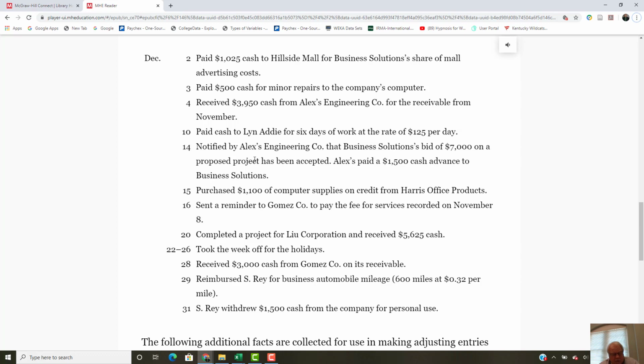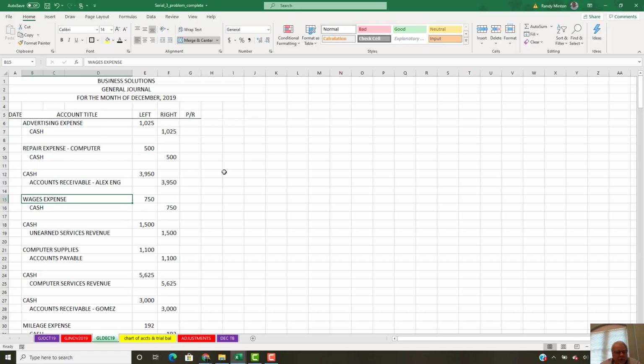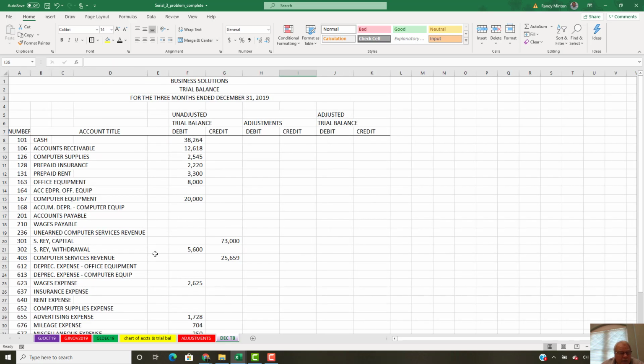And so if you come back over here and look at the new chart of accounts that we've established, and I've got it right here, you will see that I have a 236 number. Now, 200 numbers are always liabilities, and this is unearned computer services revenue. It gets confusing for students because we use the word revenue and they think, well, that's a revenue.